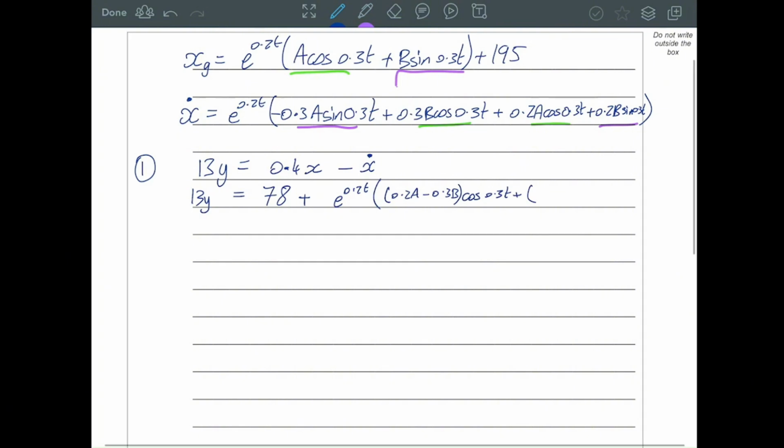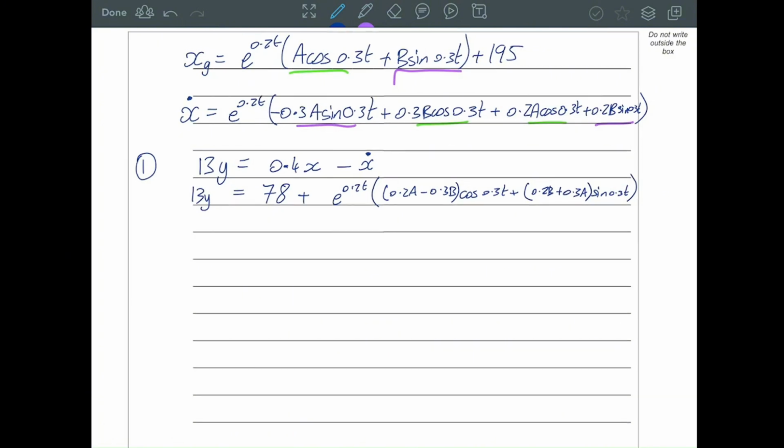So I'm going to have (0.2b plus 0.3a) sine 0.3t. And of course, I should divide that all by 13. 78 is a multiple of 13, is it not? Yeah. Do I want to do that straight away? No, I'll leave it like that.